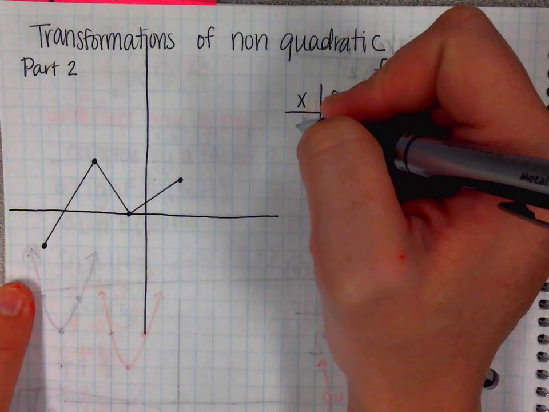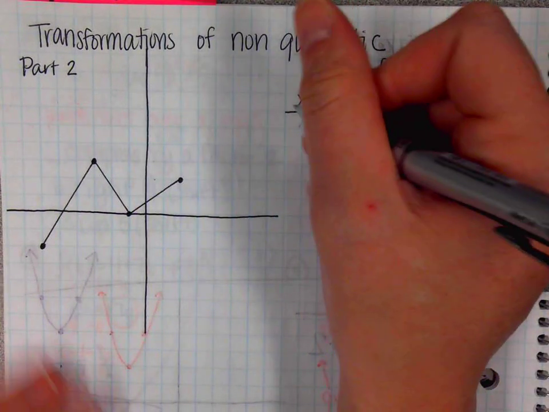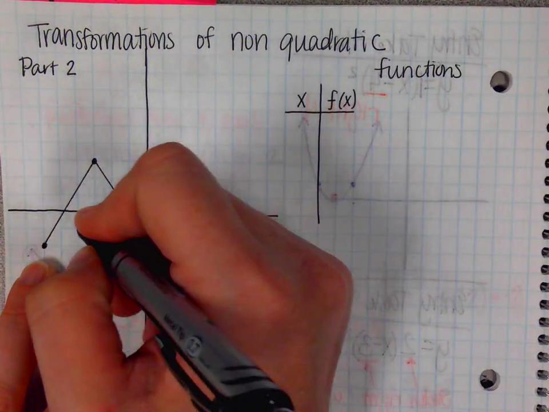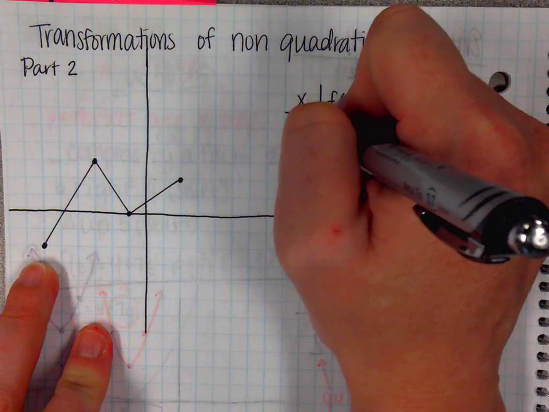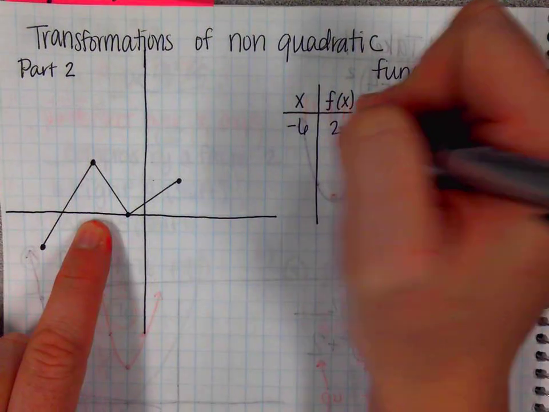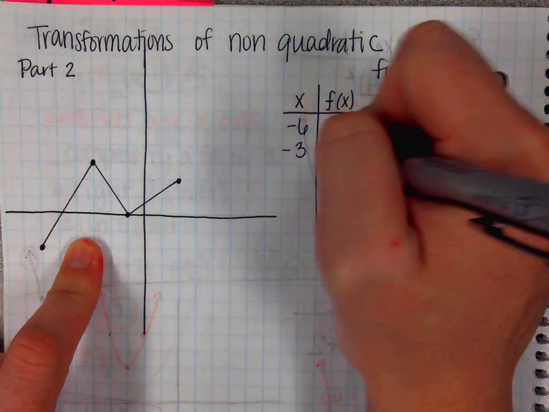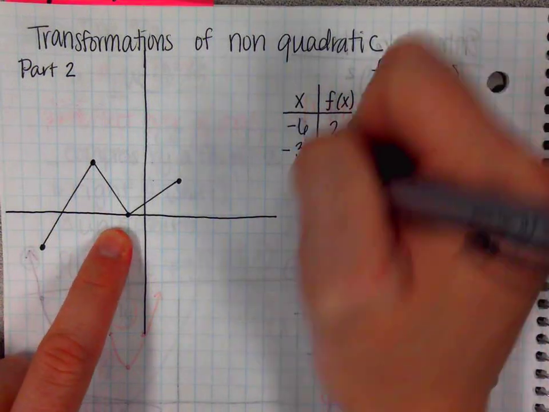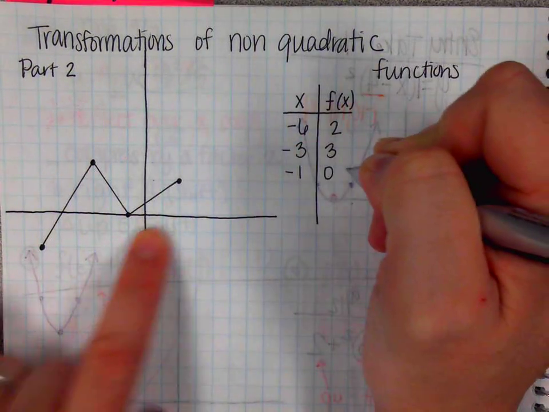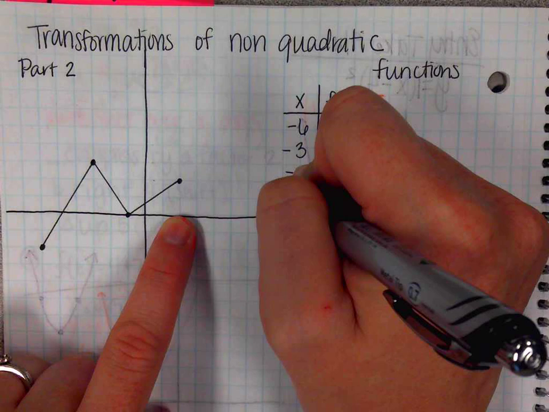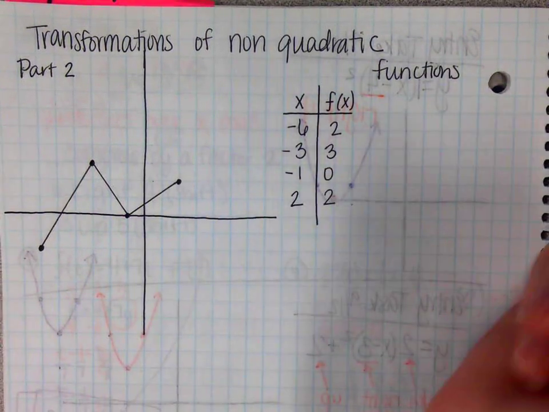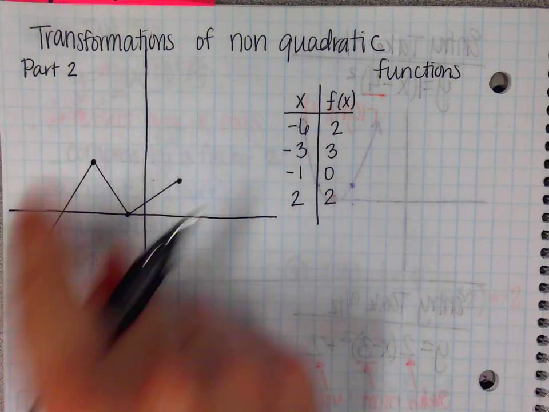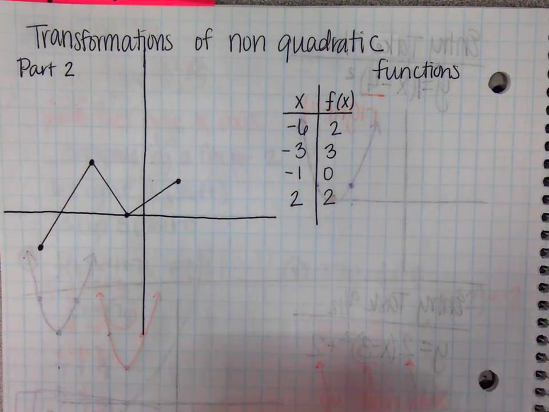So this point over here, 1, 2, 3, 4, 5, 6. So it's at -6, 2, -3, 3, -1, 0, and 1, 2, 2. Those are the points that I pulled off of that graph.